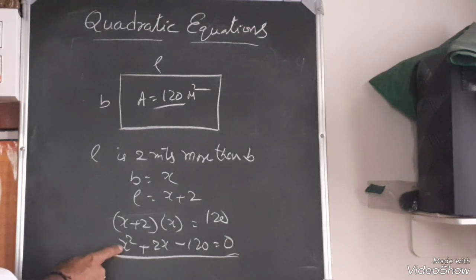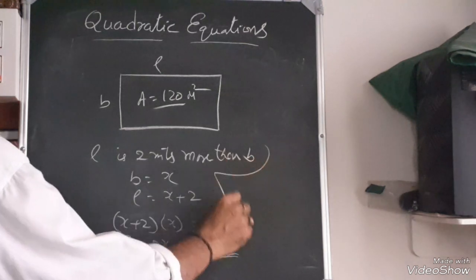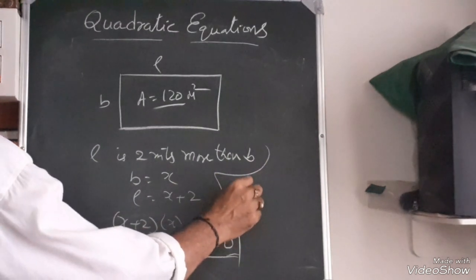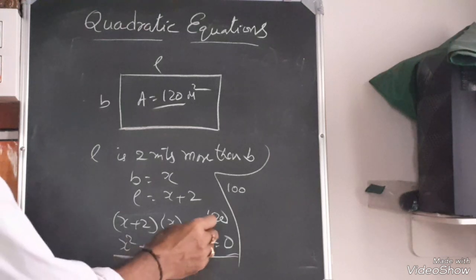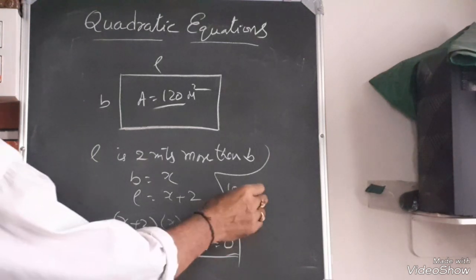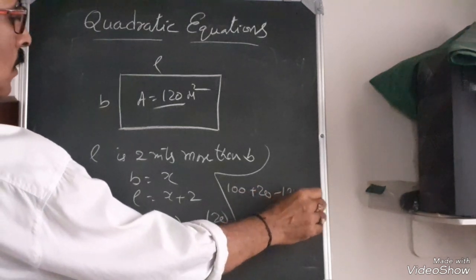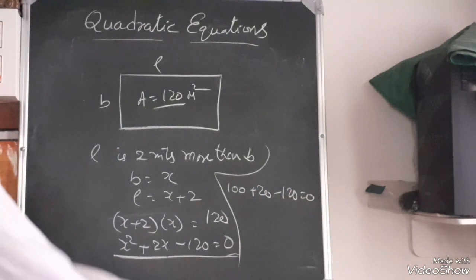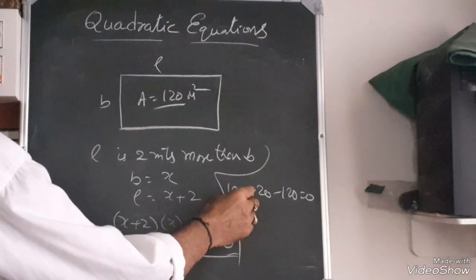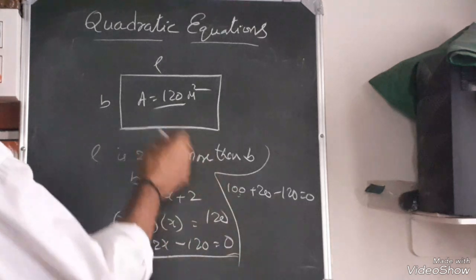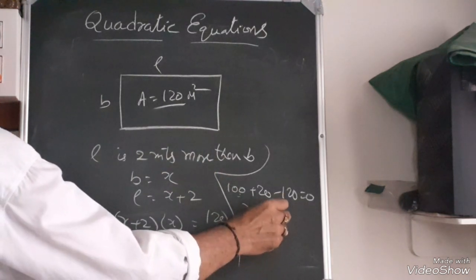For example, in the place of x, if you take 10, what you get? x square is here, so 10 square, 100, plus 2x, 2 into 10, 20, minus 120 equal to 0. So 100 plus 20, 120, minus 120, 0. So one solution of this quadratic equation is 10.